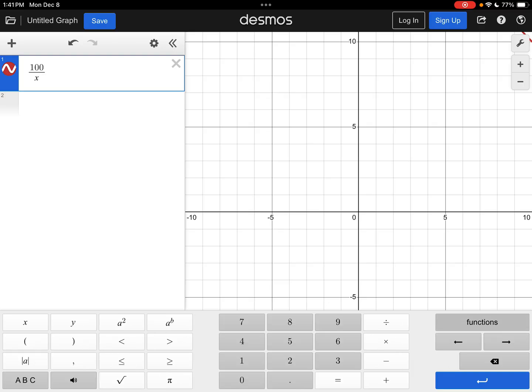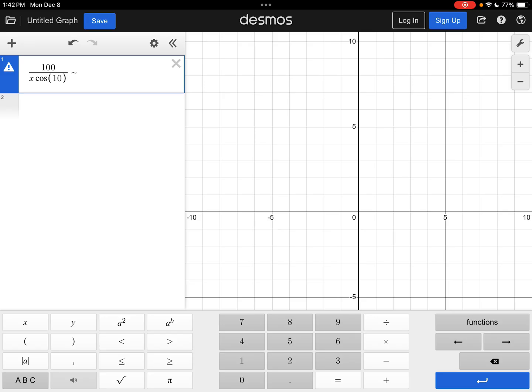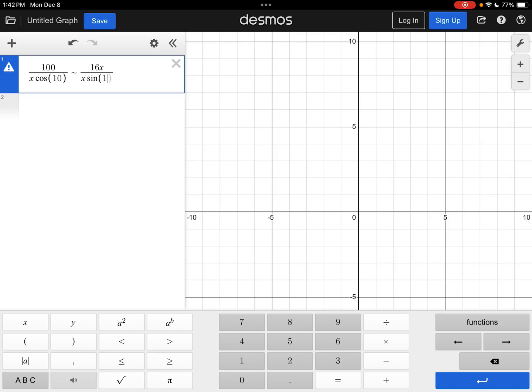And then you would have cosine 10. Remember, then we're going to put the squiggle, and then you'd have 16x with a subscript over x with a subscript, the same subscript each time, and then sine 10.